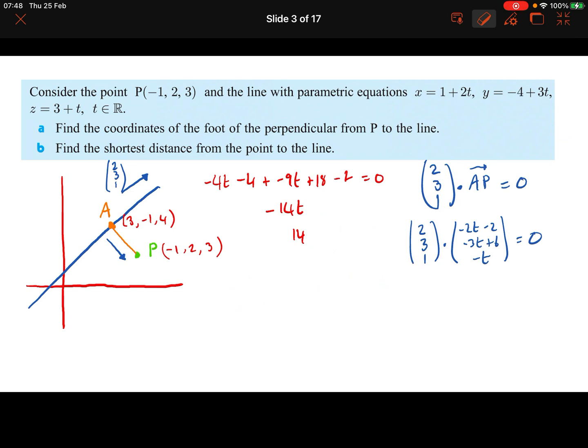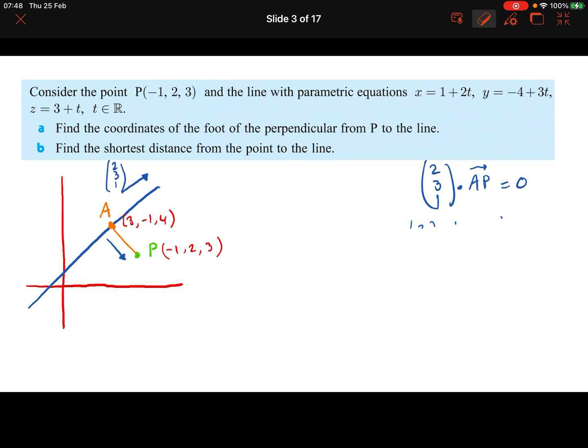So, let's just delete everything now. What is the shortest distance between the point and the line? Well, now that I know where point A is, I just have to work out the magnitude of AP. So let's do AP, which is OP minus OA.